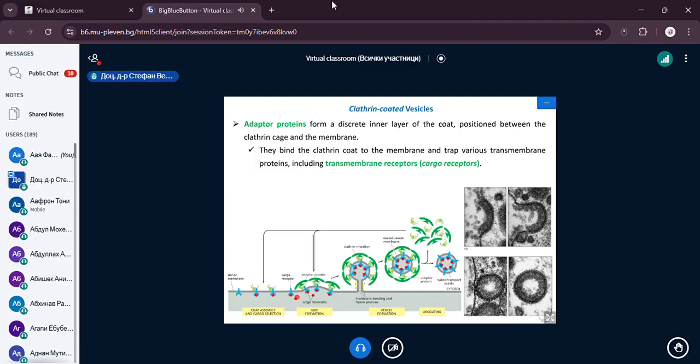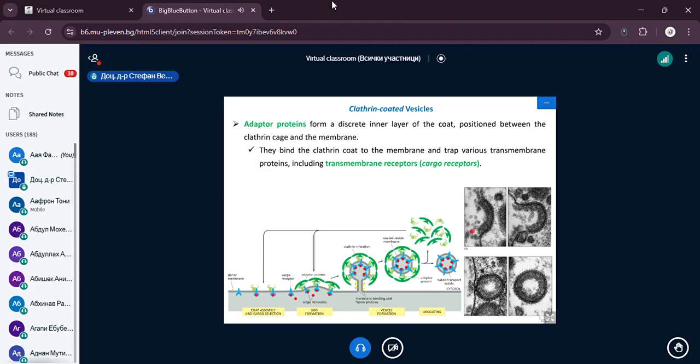These receptors recognize a specific substance that will be attached there and transported from the extracellular space to the cytoplasm of the cell. And then on the surface of this vesicle, which starts to be formed to bud from the plasma membrane, to the adapter proteins, clathrin triskelions become attached.